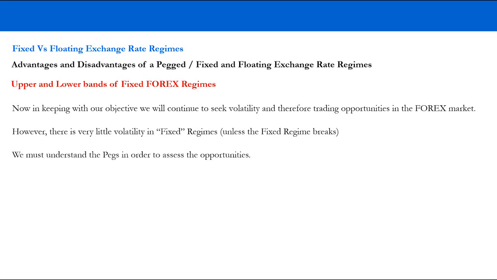And our understanding of these regimes now is going to give us the ability to move on and look further into the potential opportunities and volatility in the Forex market.